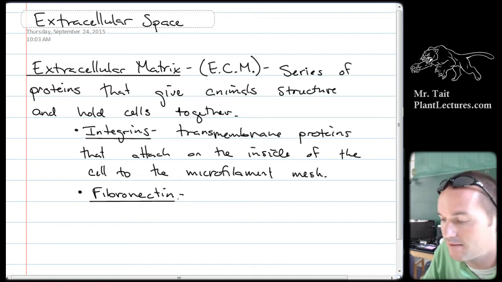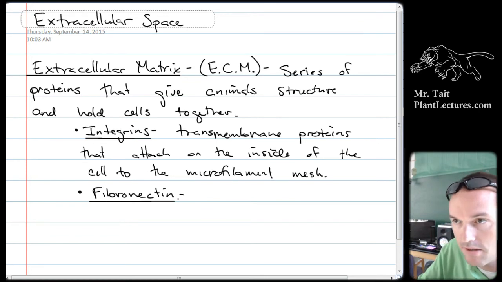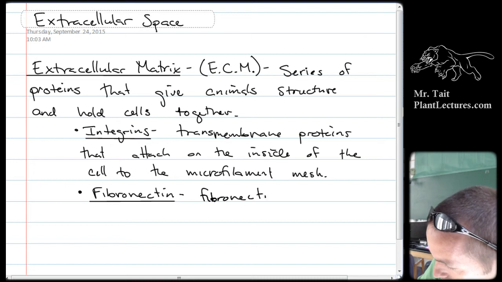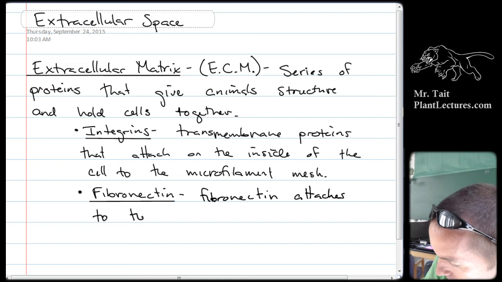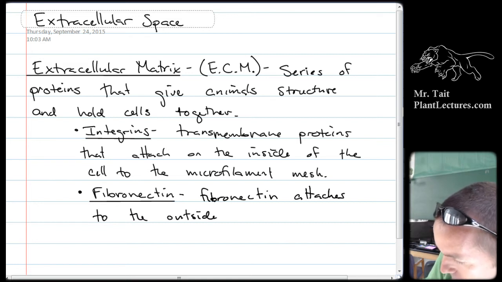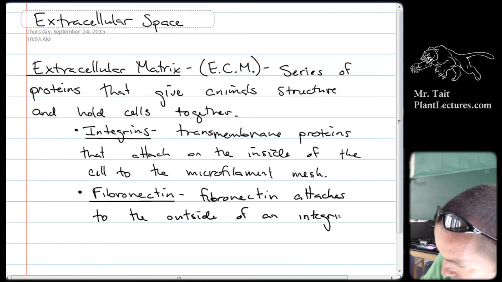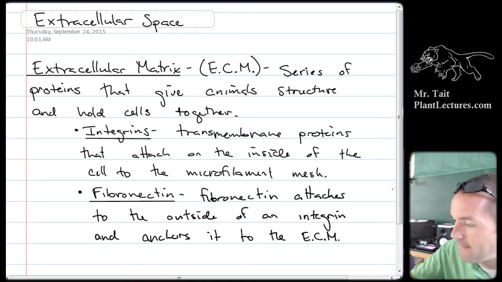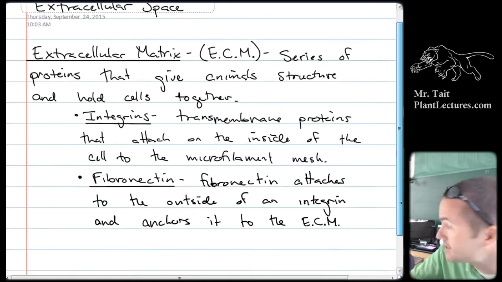So this fibronectin is attached to the outside of an integrin and anchors it to the extracellular matrix. Okay, so that's how the cell is attached to the extracellular matrix.